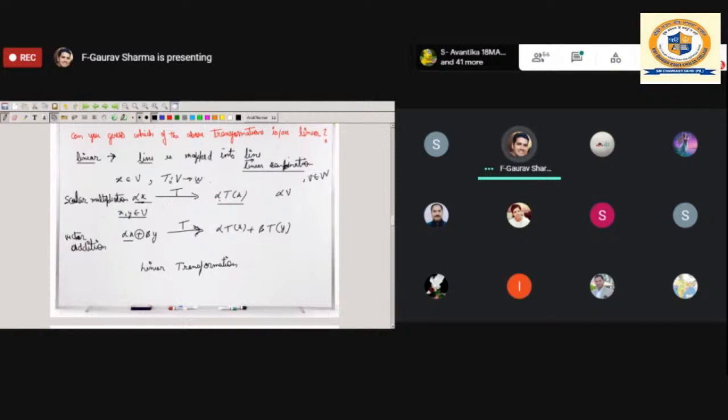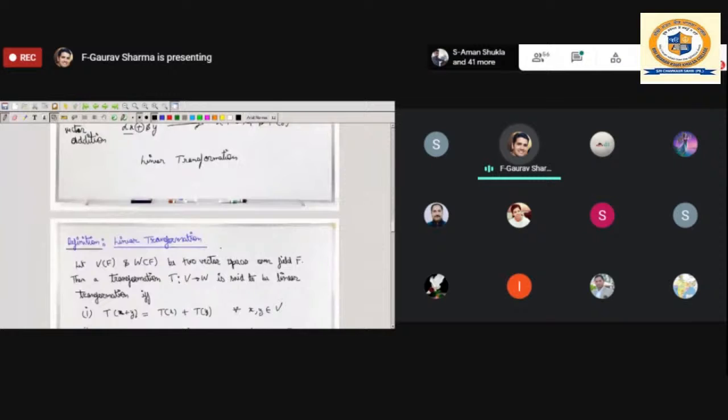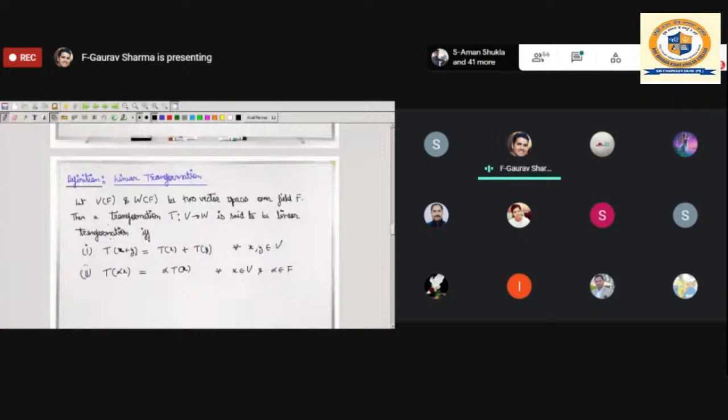So the image of alpha x is just alpha times the image of x. And there is a preservation of addition, in which alpha x plus beta y is mapped into alpha Tx plus beta Ty. So if I want to define a linear transformation, now we have an idea that two operations are preserved. First, T of x plus y is mapped to Tx plus Ty, and second, T of alpha x is mapped to alpha times Tx. So this is the concept of linear transformation.